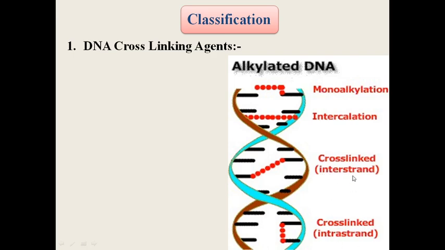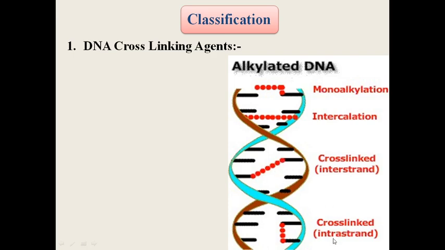For interstrand cross-linking, you can see one DNA base is of this brown strand and another DNA base is of this blue strand, and the anti-cancer agent has alkylated one DNA base of each strand. Means it has alkylated the DNA bases of two opposite strands.